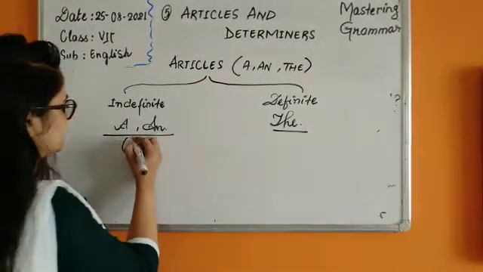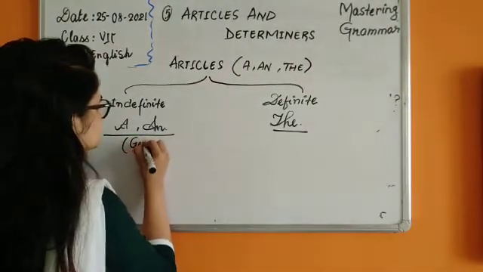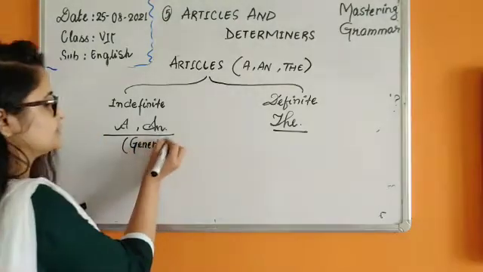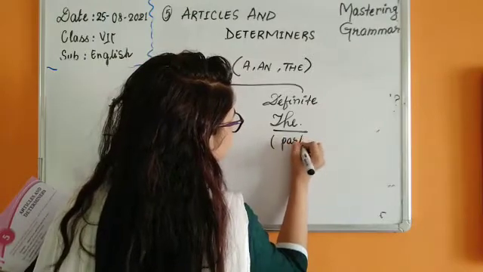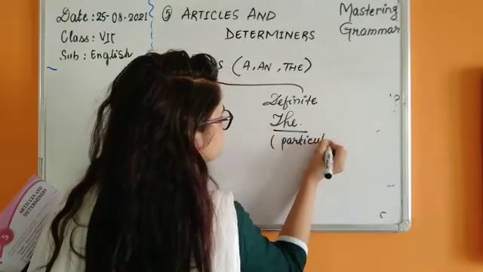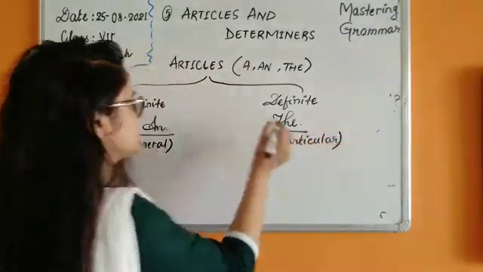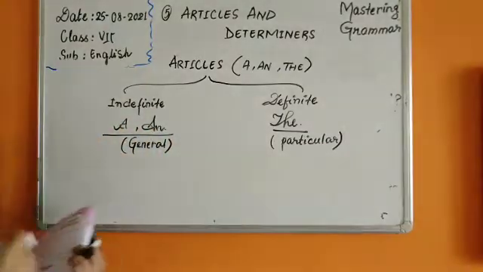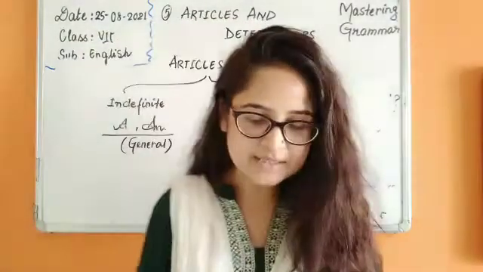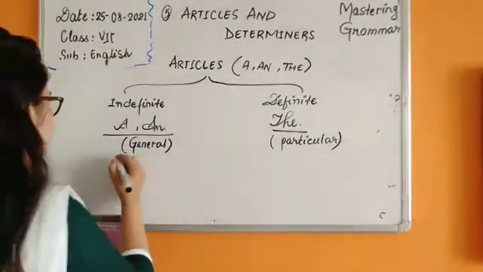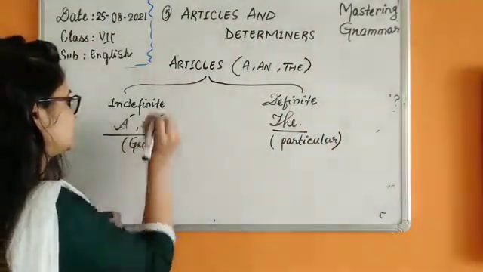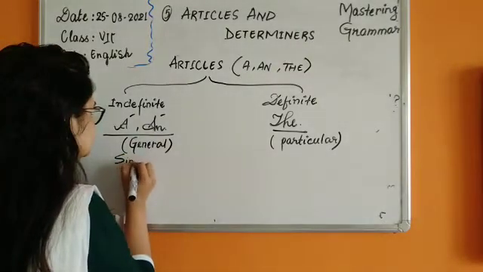Children, a or an is used for a general thing, and the is used for a particular one. We will be learning about these two in detail again. So now see, a is used before a singular countable noun. So remember, they are used for singular countable nouns.